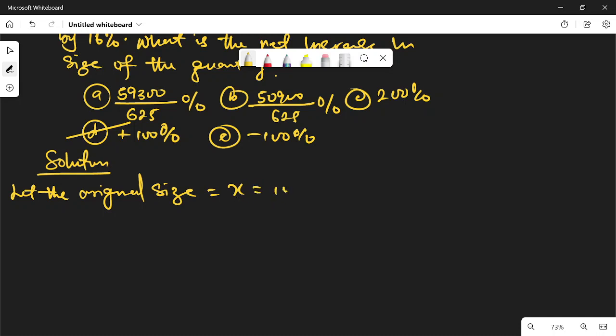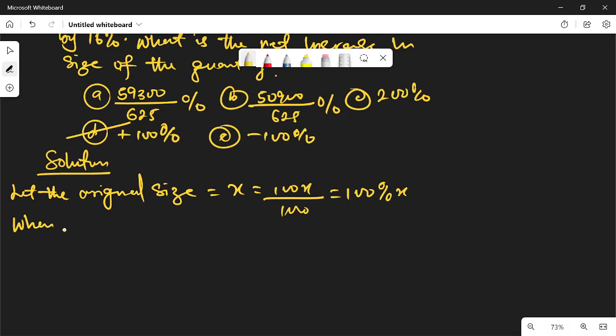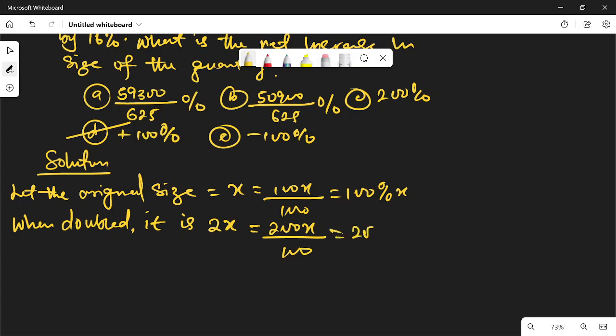That simply means 100 times x divided by 100, that is 100% of x. When it's doubled once, that will be 2x, and that will be 200x all over 100. So you have this to be 200% of x.